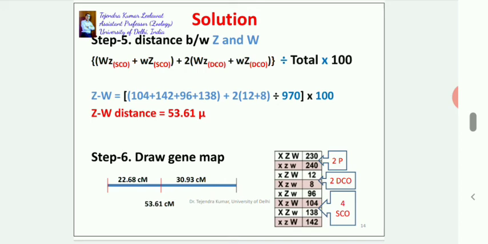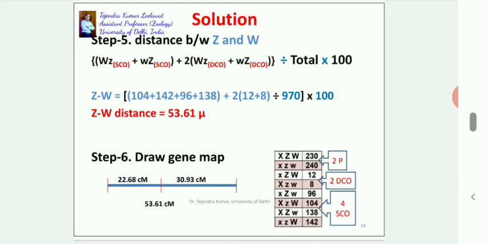Okay, so you can check here 104, 142, 96 plus 138. These are all single crossovers, while 12 plus 8 are double crossovers, and that's why we multiply with 2 here.